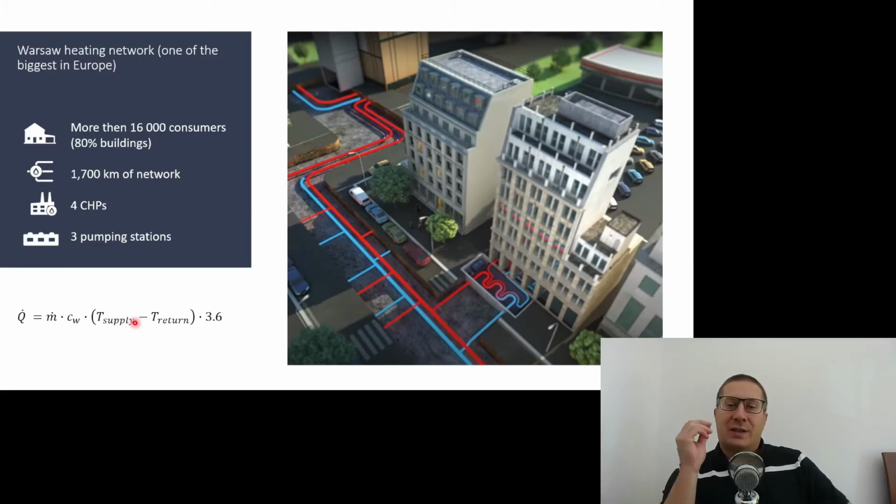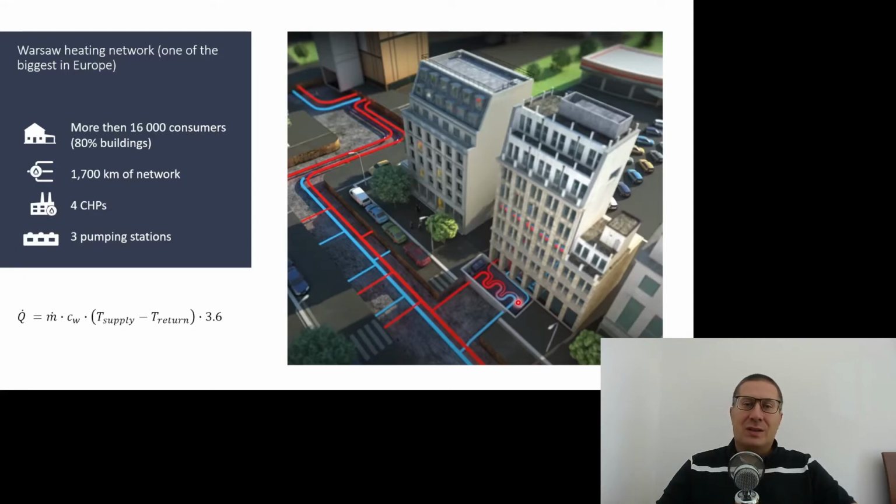And in the building there is a controller that controls the flow of the water. So if we want more heat, the controller will open the valve and more hot water will enter the heat exchanger, so we'll be able to satisfy our heat comfort.